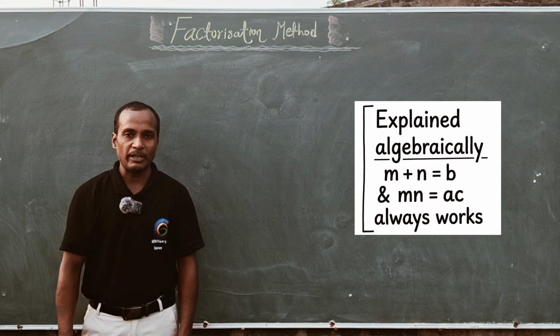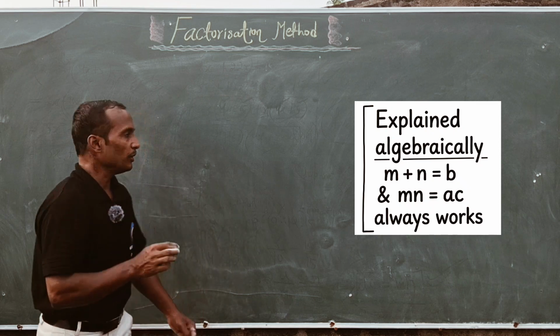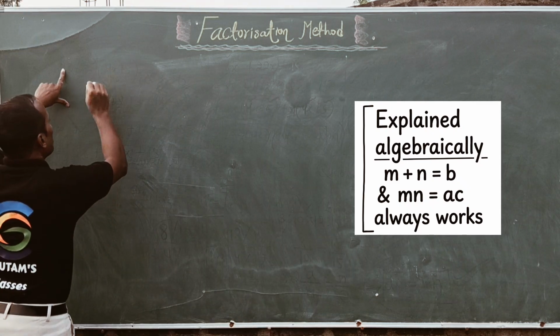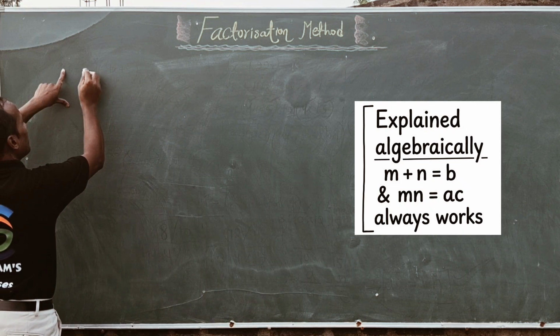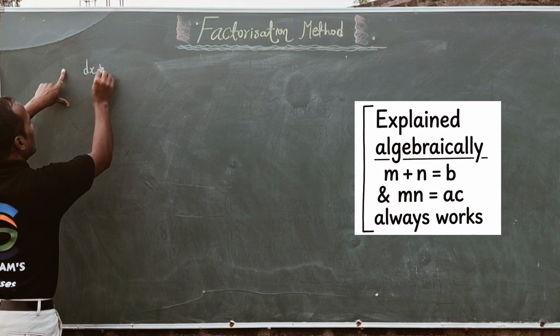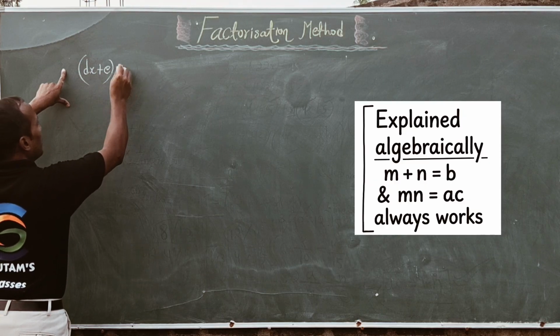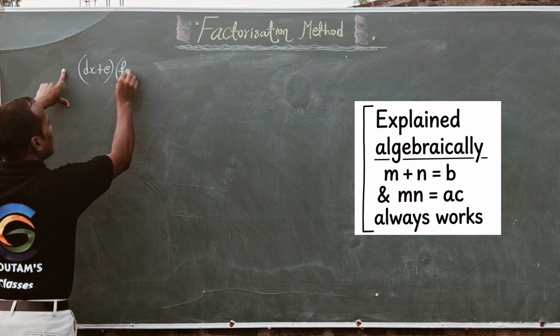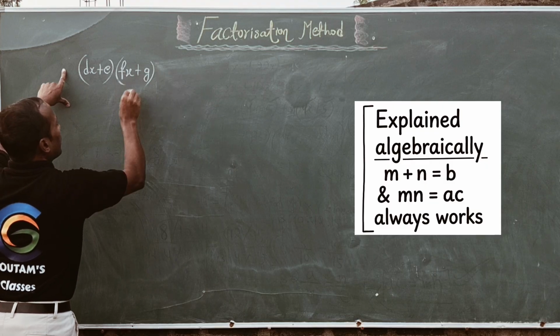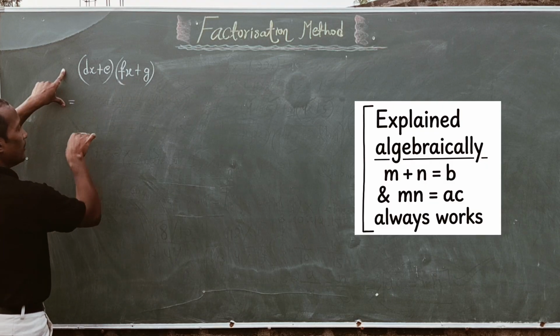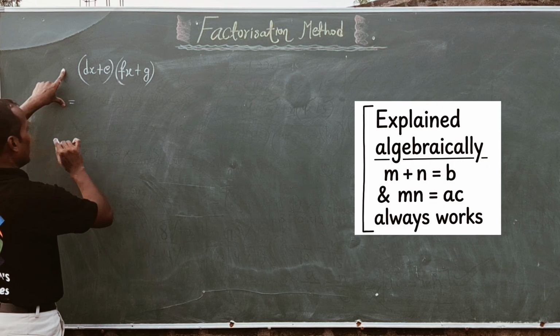I can explain that algebraically also. For that, let me show you again. I'm taking two linear polynomials in algebraic form. For example, dx plus e is one of my linear polynomials and the other one is fx plus g. I'll multiply these two, like in the previous case, where I multiplied 2x plus 3 and 4x plus 5.